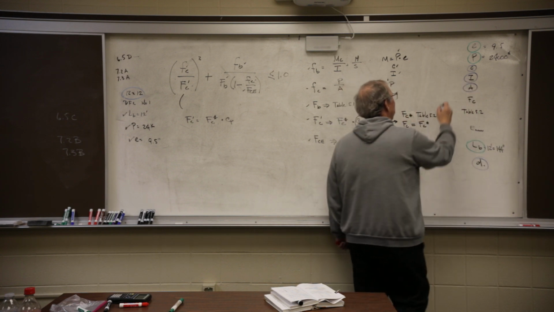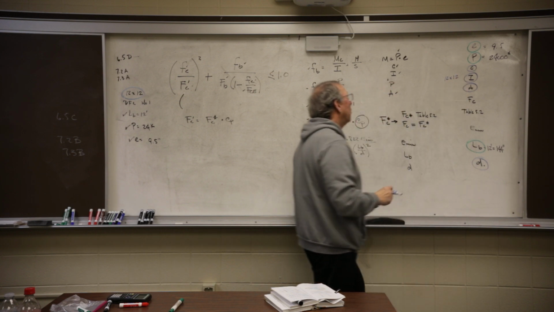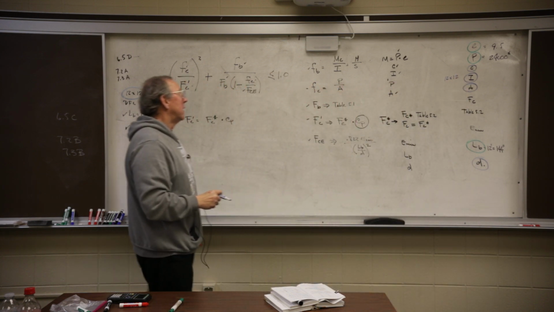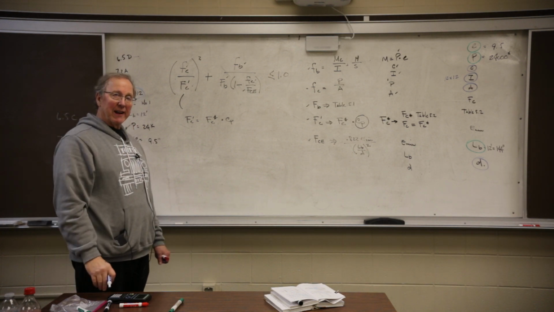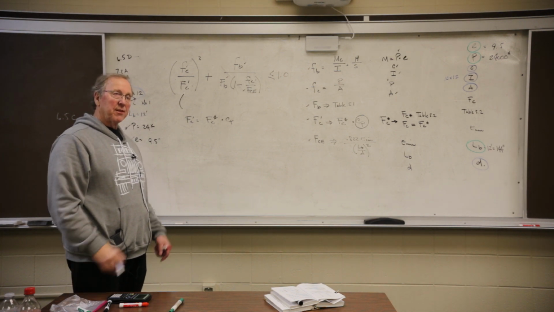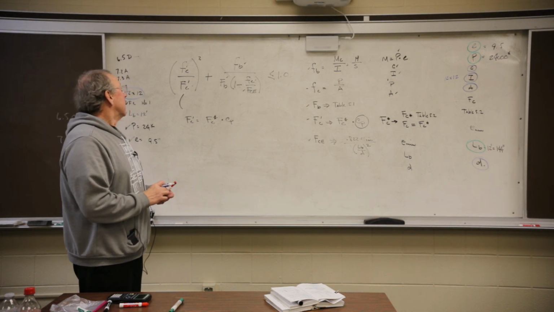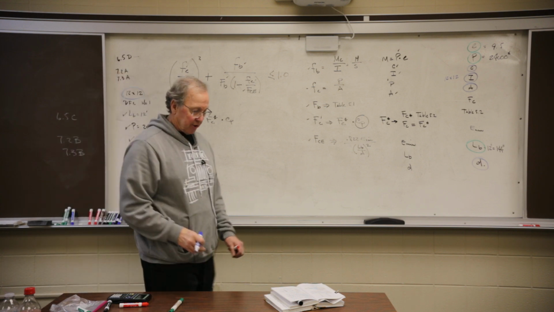So that's a 12 by 12. What is C? C is the distance from the neutral axis to the outside edge. That is half of the width of the member itself.